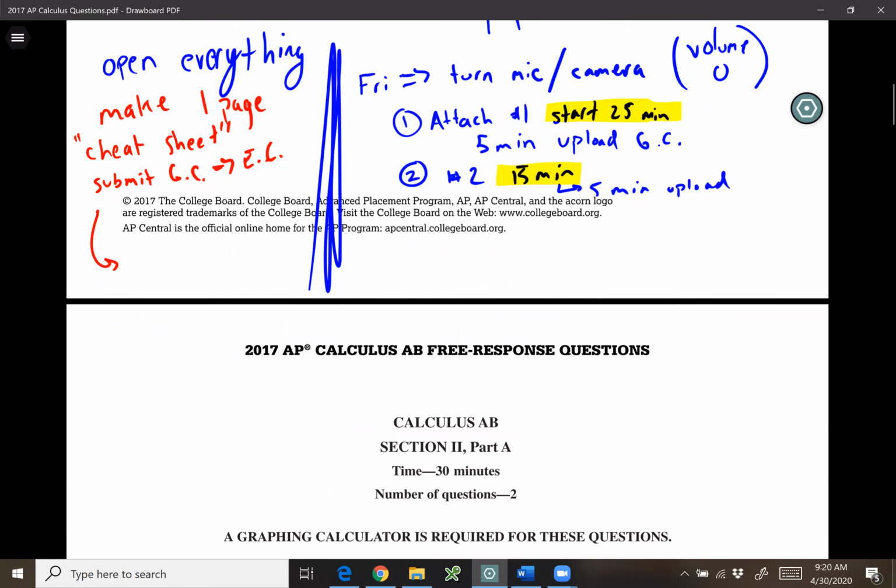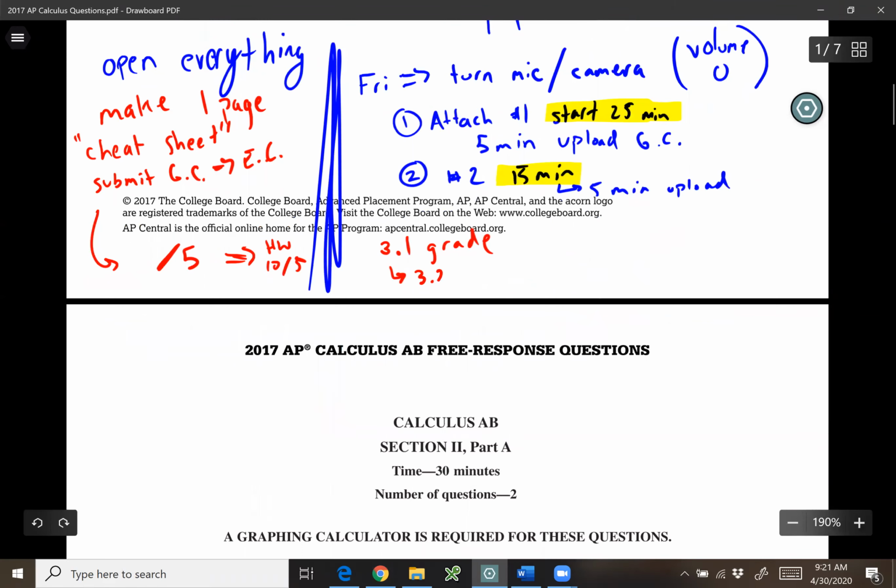When I was giving the extra credit last night, the way the assignments work this semester, everything's out of 5. It's a 5-point scale. So I was putting it in as a homework and giving you a 10 out of 5. What that was doing to everyone's grade was, if you were at a 3.1, it was taking you to a 3.2, sometimes even a 3.3. I know that seems like it's only 0.1.